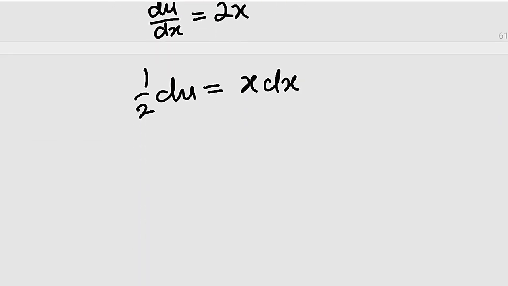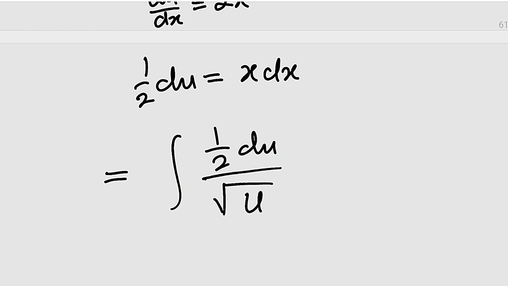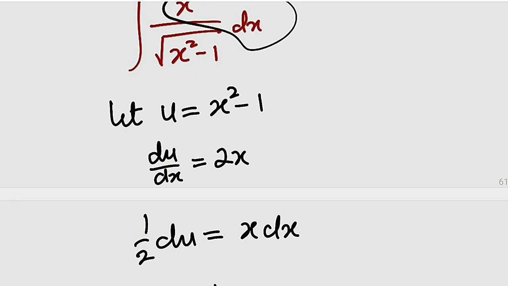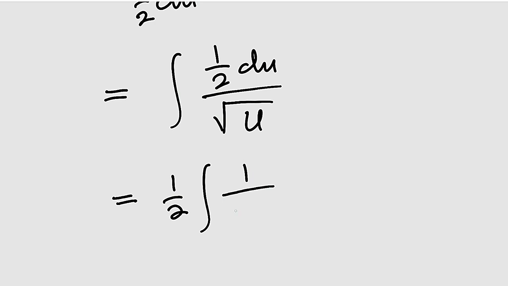So let's do that. We have our integral to be 1 divided by 2 du to the top, divided by the square root of u, because we have let x squared minus 1 be equal to u. 1 over 2 is constant, so we can bring it out. So we have 1 over 2 outside. Inside, we have 1 divided by u to the power of 1 divided by 2, which is the same thing as the square root of u, du.